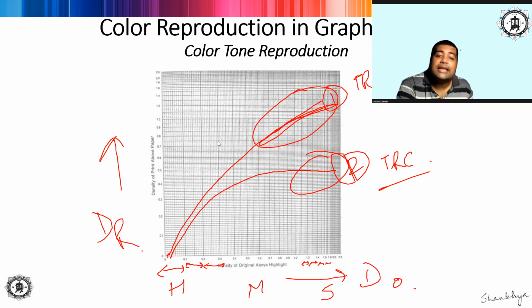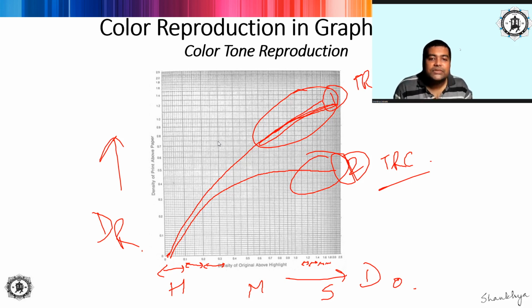So this is another method through which we can understand, or a better way of identifying, the actual nature of the tone reproduction. Okay. Another important thing that I would like to point out over here is that we are always talking about contrast in terms of the slope of the straight line, but there is more to this than that.